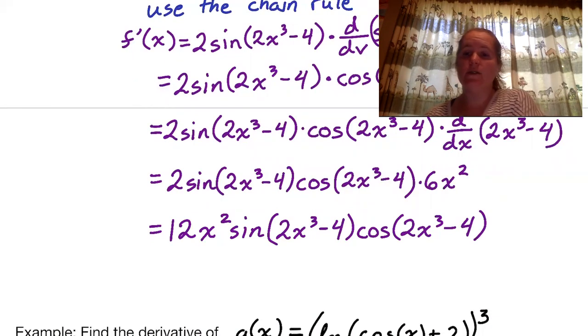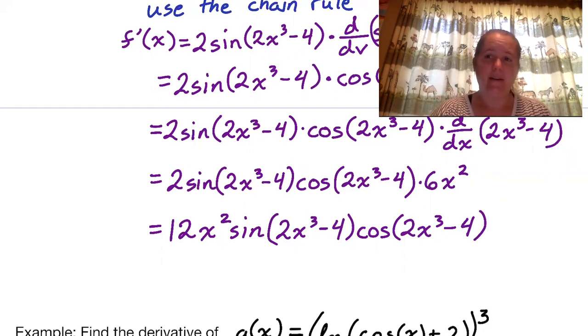So this is using the chain rule repeatedly. We could have done other techniques. We do have trig rules, sine squared of x. We could have rewritten if we so wished in an alternative format.